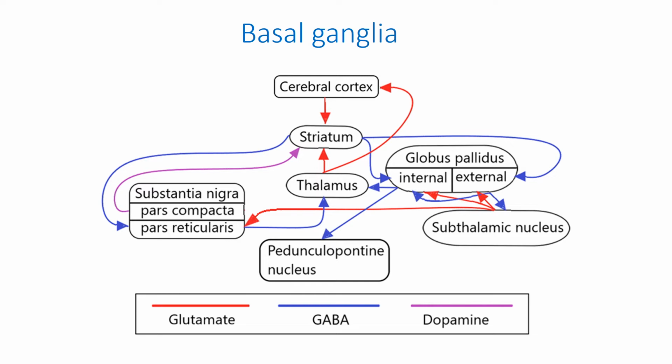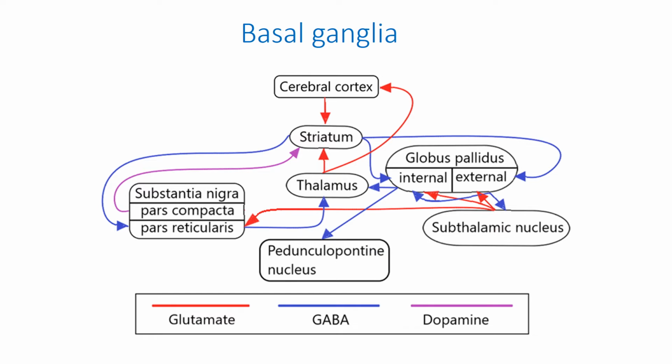Neurons of the globus pallidus internal segment send axons to the thalamus and to pedunculopontine nucleus, while neurons of the globus pallidus external segment send axons to the internal segment and to the subthalamic nucleus.